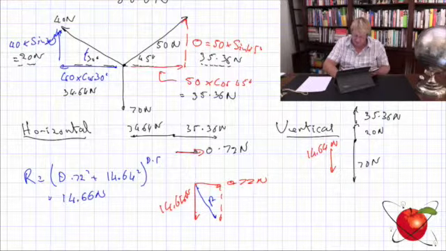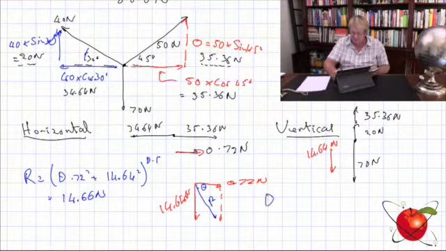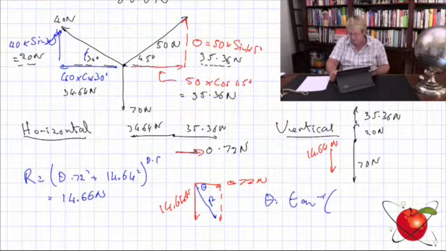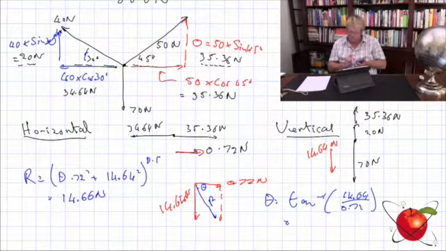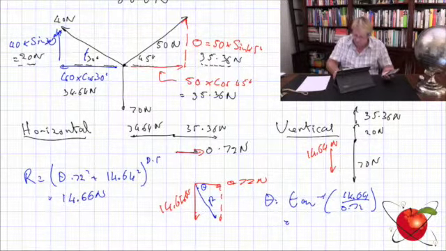Then we say what is angle theta there, and we say theta is going to be equal to arctangent of 14.64 divided by 0.72, and we work that out. It's obviously going to be very, very close to 90, it's going to be 87.2 degrees.